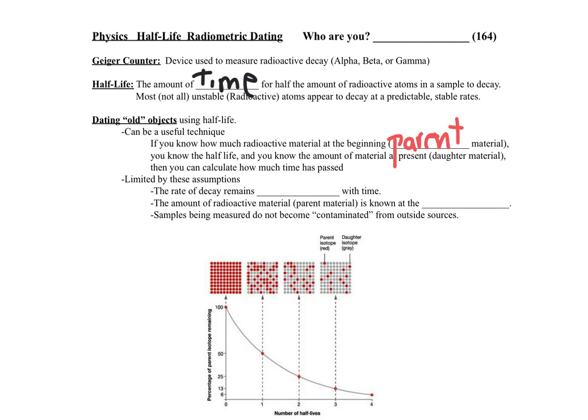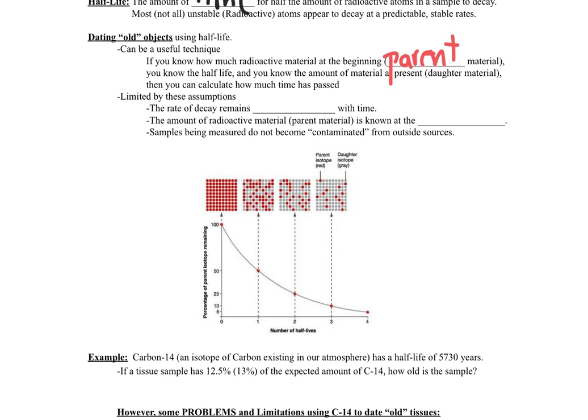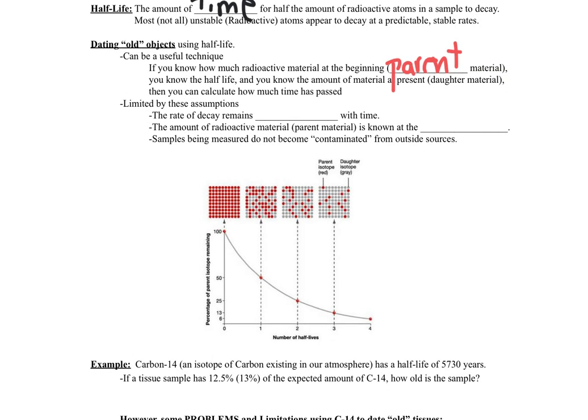And you know the half-life, in other words, how long on average, and this is a statistical average, it takes for that material to lose half of its radioactive material. The graph below shows that after one half-life, 50% of what was there, 100 atoms, is now down to 50 atoms.